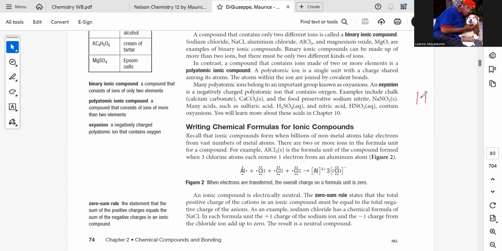Similarly, there is an exception. Hydrogen can be plus 1 or it can be minus 1. So hydrogen with a metal, like sodium hydride, NaH, is minus 1.